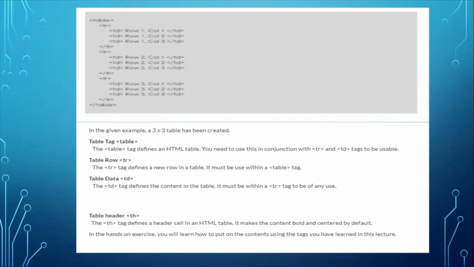We will not include this one in our website now. We will discuss the table tag, table row, and table data later on as we progress with our lesson about website development, in a more advanced web development lesson.